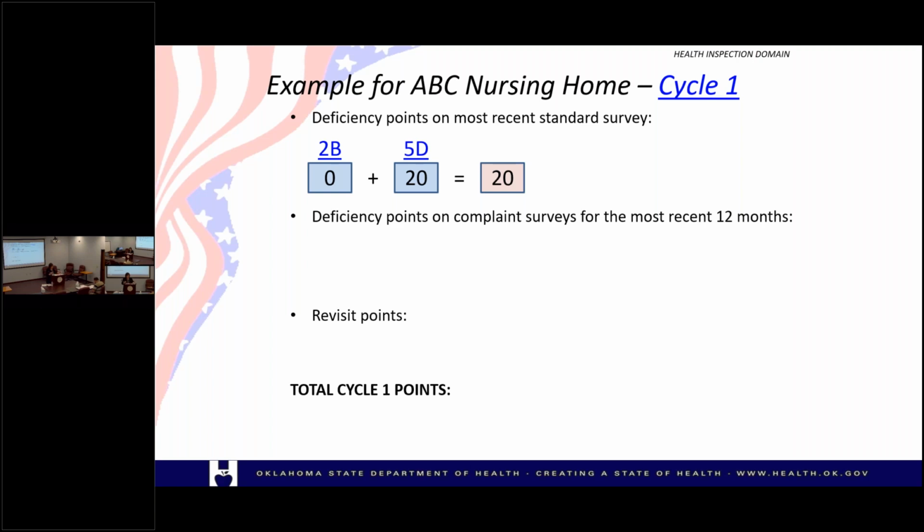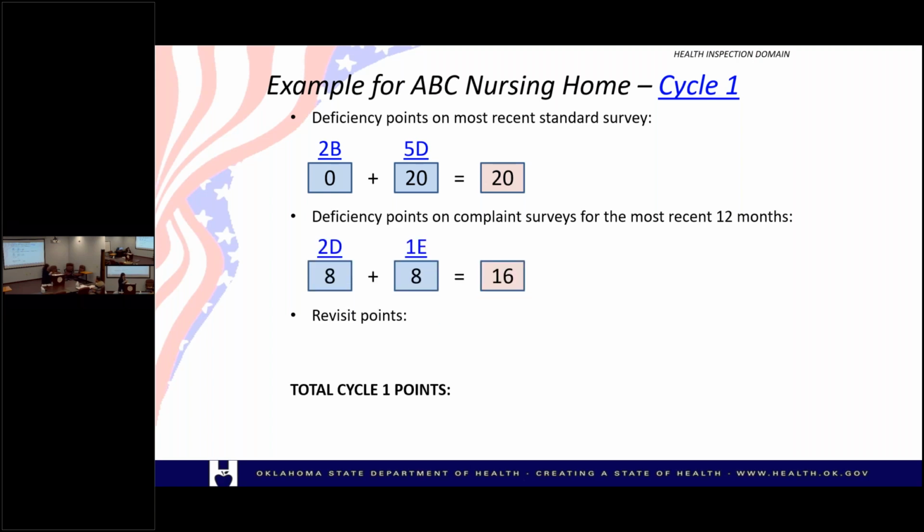So now we need to look at the complaint surveys. So they had 2 Ds. Two Ds with 8 points. And then 1E was 8, but you were getting there ahead of me at 16 points. That's okay. 16 points, so you're right.